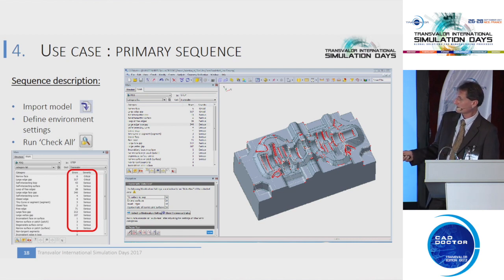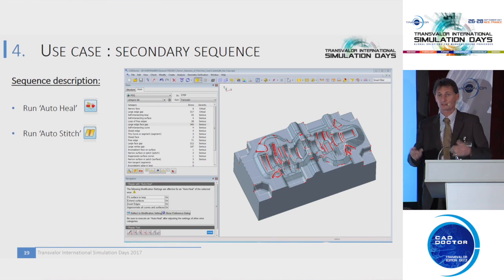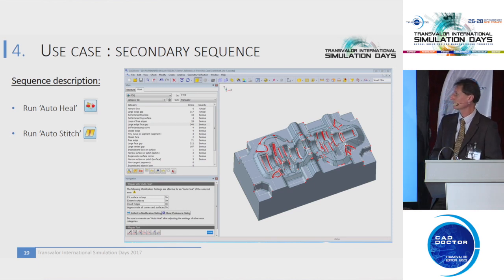And so, yes, that's the list of the different kinds of errors. The second step, after this first initial checking sequence, is that we will go through the auto heal and then the auto stitch stages. So let me start this animation.